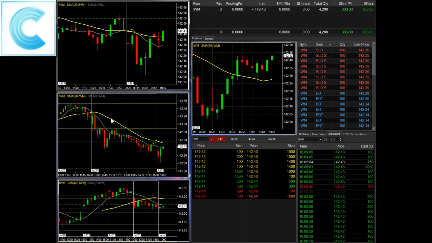Of course, bigger time frame momentum is still to the downside, for example on the 15-minute as well as the hourly charts. As you can see, there are tails all over the current day's candle, the current hourly candle, as well as the prior hourly candle. Same thing exists on the 15-minute chart. Can't even break the 45s here.